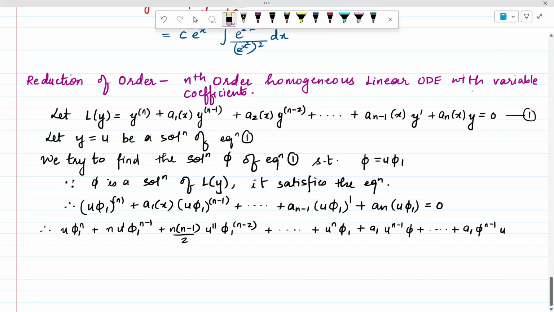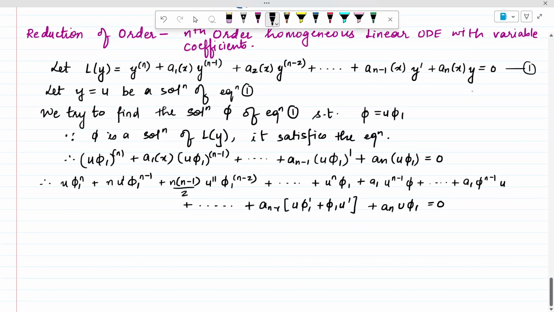Proceeding in the same manner, we will come to A(n minus 1), which is having only phi dash. So you have to apply UV rule. So u derivative of v and v derivative of u. And An will remain as it is. This is going to be equal to 0. Okay, fine.